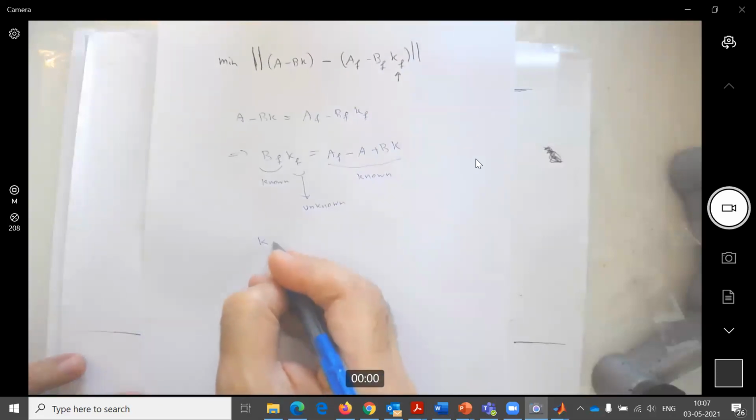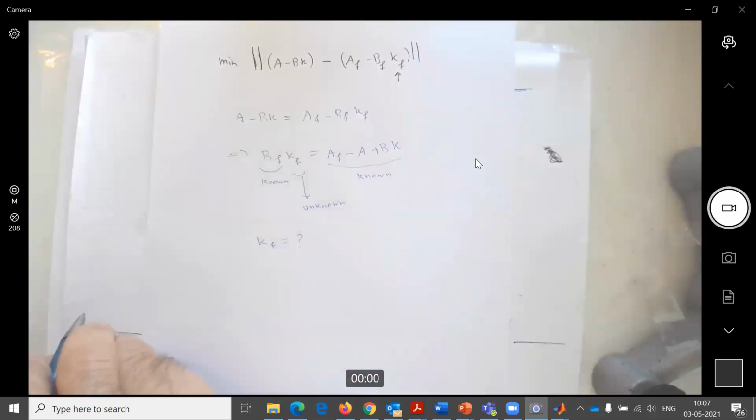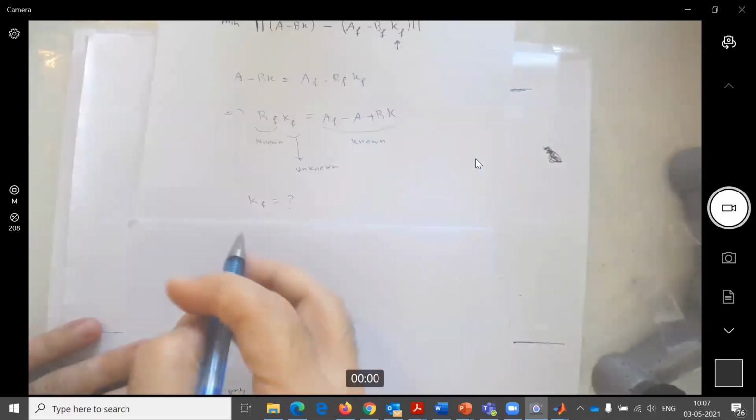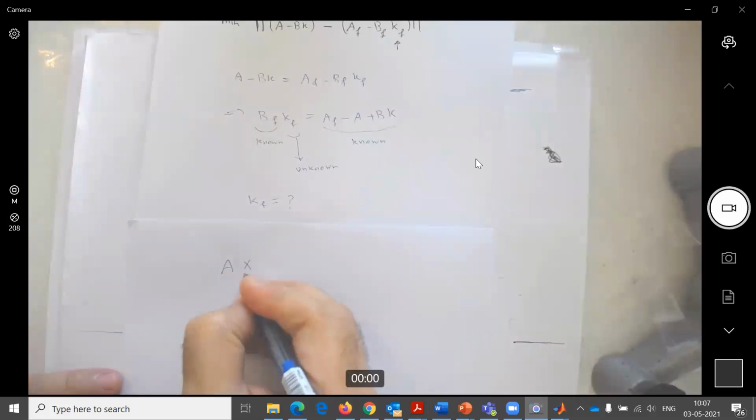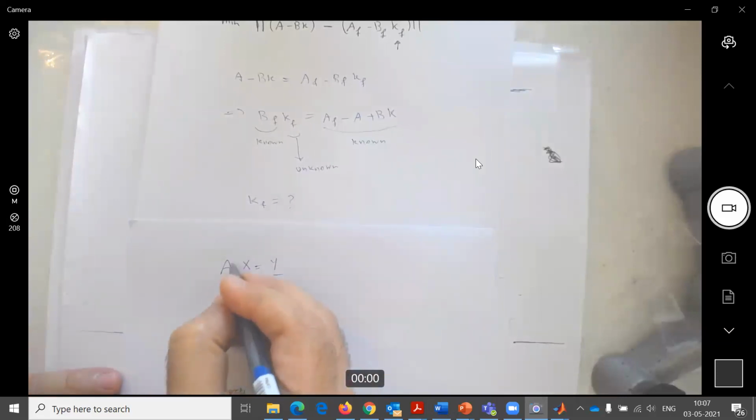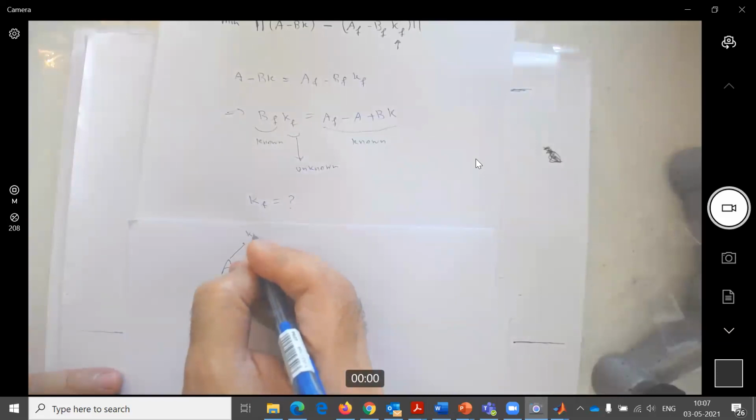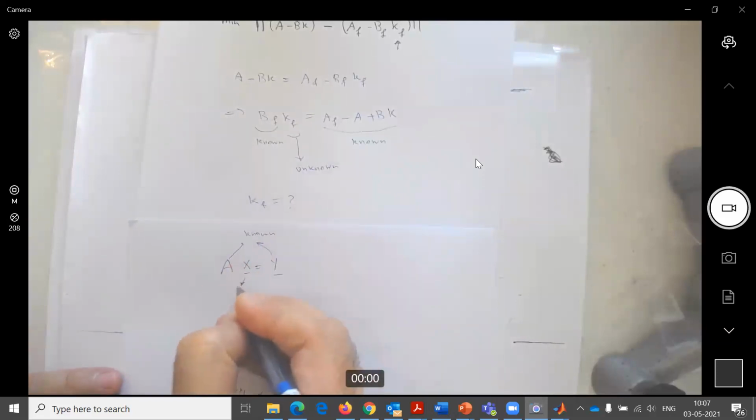Do you know what KF is from least square? In least square, if we have A multiplied by X equal to Y, A and Y are known, and X is unknown.